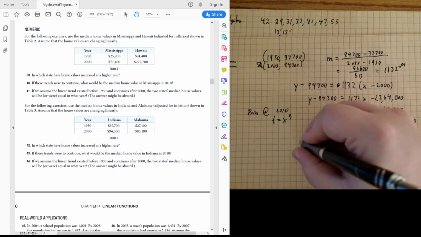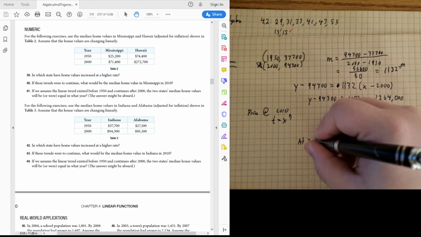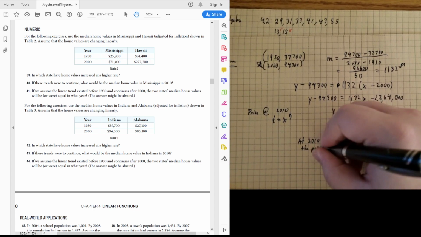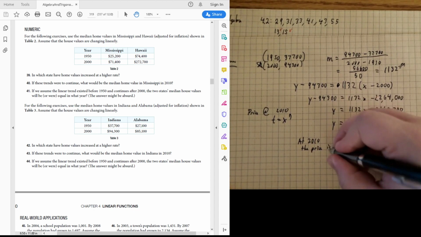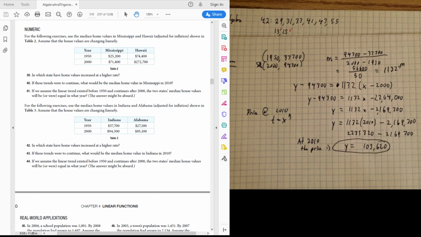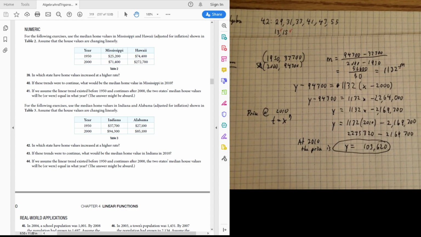So, at 2010, the price of your median home is 105,620, provided it follows this trend, which is pretty neat. Again, remember, these are used to make predictions, and that's exactly what it does.